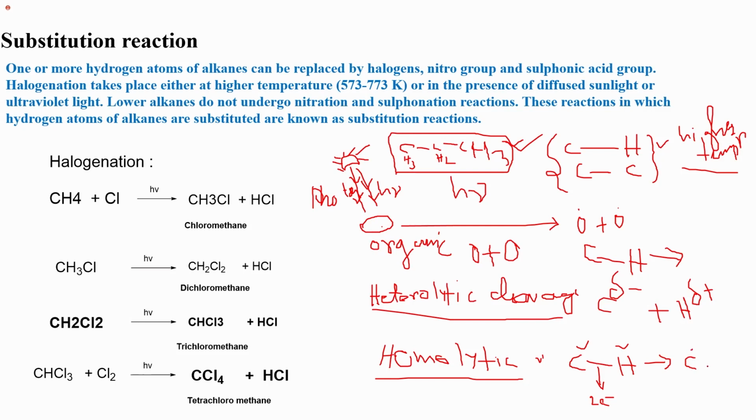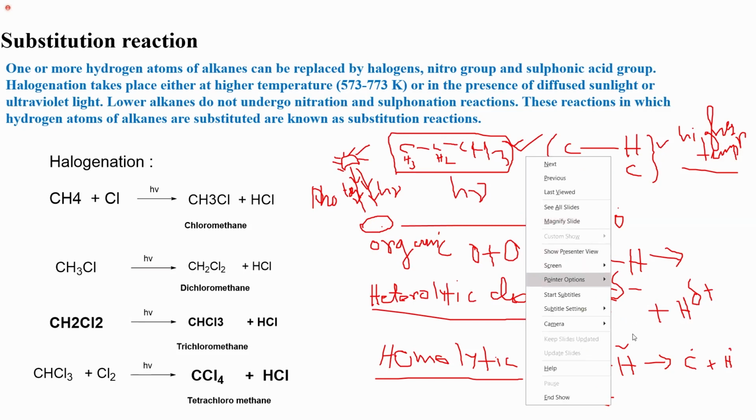Carbon will take one electron and hydrogen will take the other. This is called homolytic cleavage, where the electrons are shared between two atoms. In heterolytic cleavage, the more electronegative atom takes the electron density toward itself, so the less electronegative atom bears the positive charge.